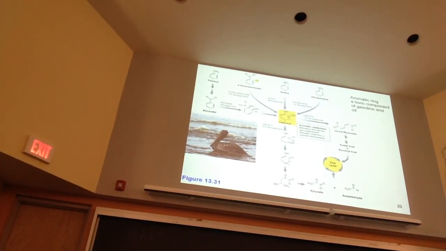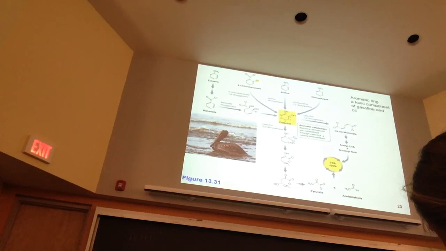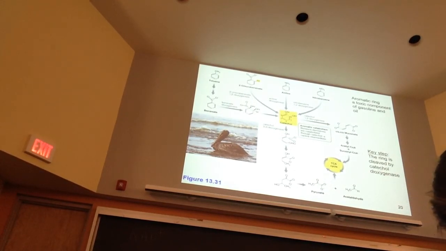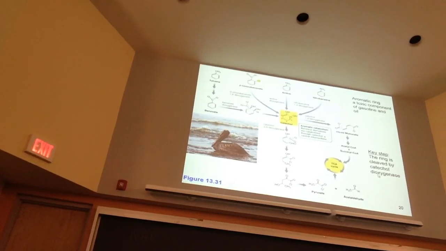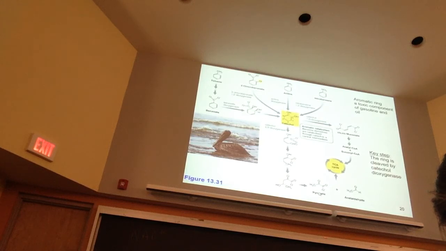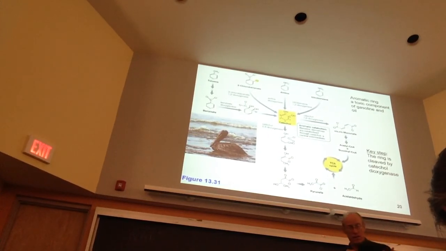The breakage of this ring right here, which has now been opened up, is the key step, and it's carried out by this catechol dioxygenase. Once that ring is broken, then it can go down to, like I said, more cell-friendly compounds like pyruvate.